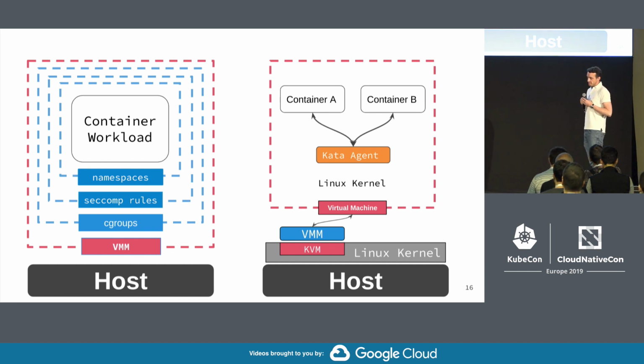So when you use QEMU as your VMM or Firecracker as your VMM for Kata Containers, you're going to be running your workload and your pod inside a full-blown virtual machine. So your pod is going to run on top of a real Linux kernel, an entire dedicated Linux kernel to your pod. There's going to be a Kata agent running on the virtual machine to basically handle, multiplex, and manage all the commands that you get from your runtime into your workload. So even the picture on the right is still a simplified description of what it takes to actually make that happen.